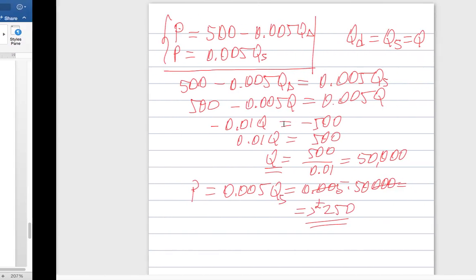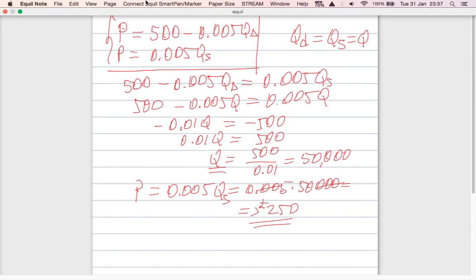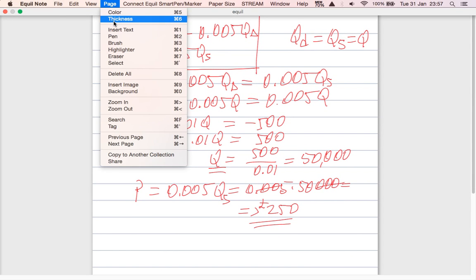So now what we need here is a graphical solution. Let's erase everything. How do I delete all? Delete all. Done. We know what the quantities are, so I'll just draw the supply and demand curves, P and Q as usual.